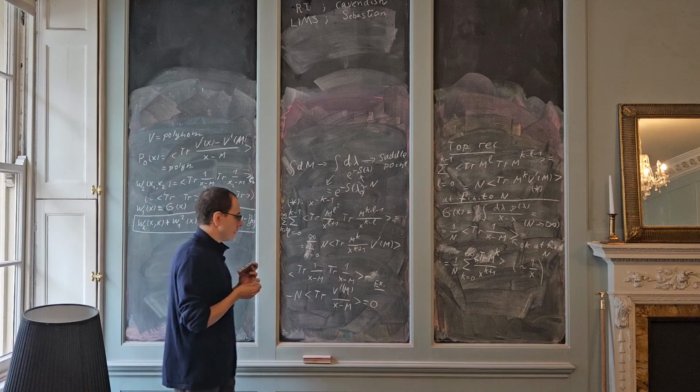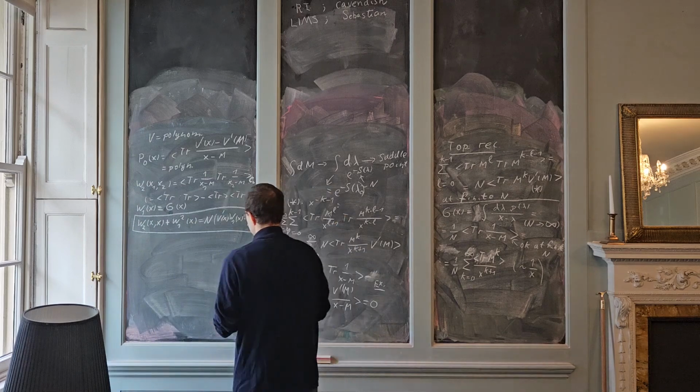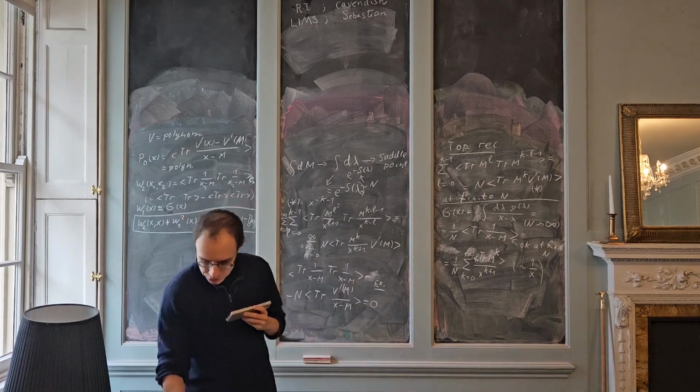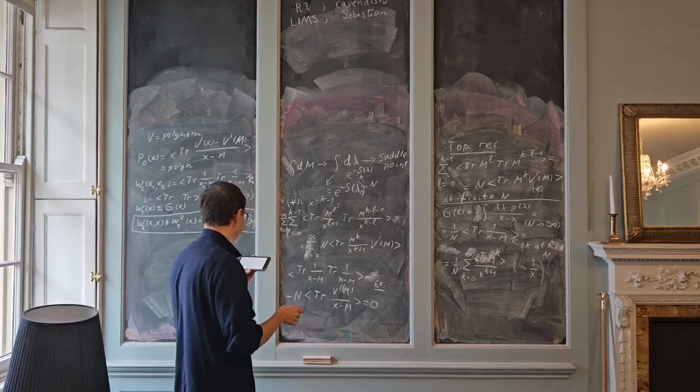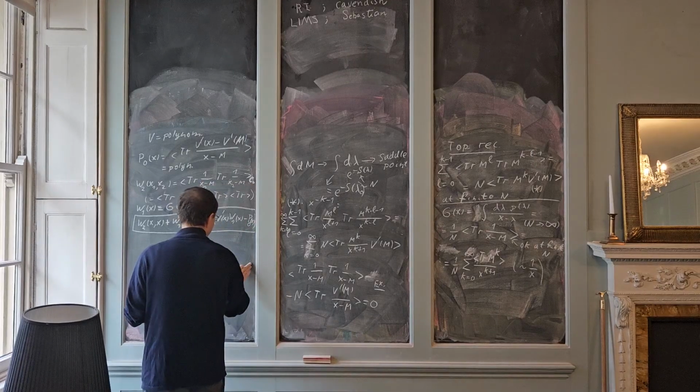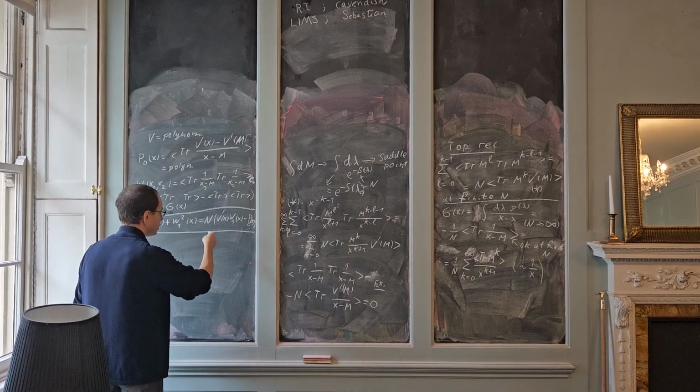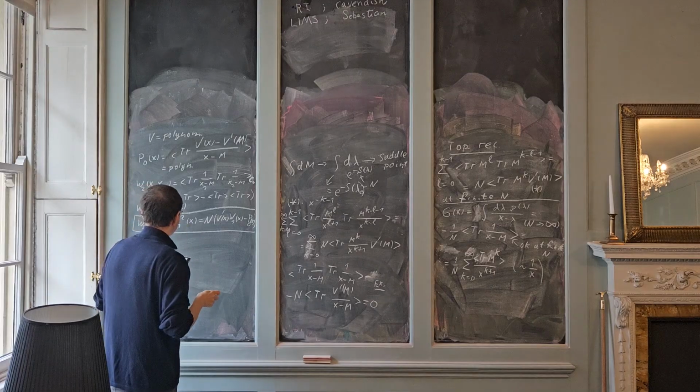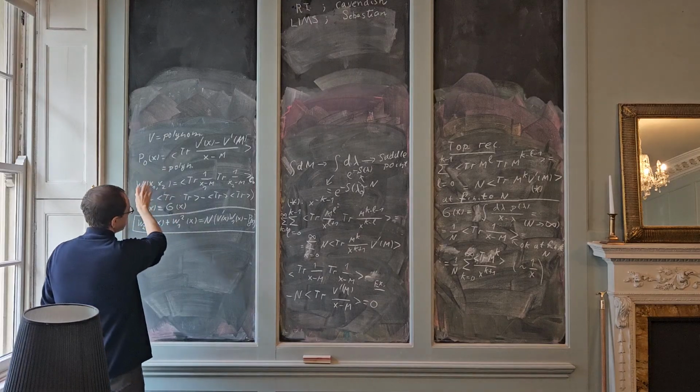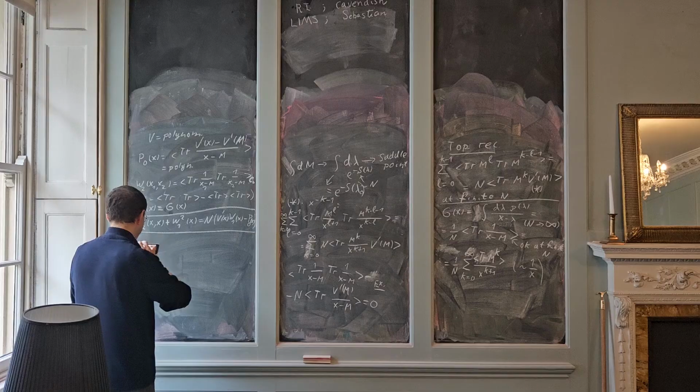So what is this topological recursion? I will not derive it completely, but at this point we can see the general idea. All of these quantities will have some large n expansion.